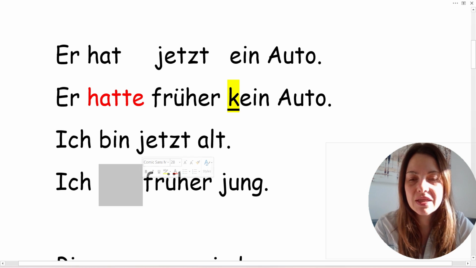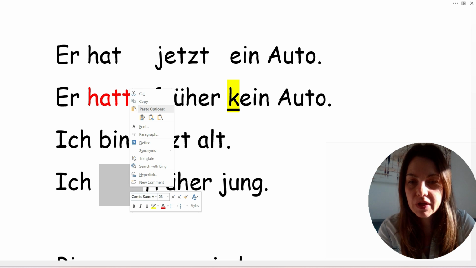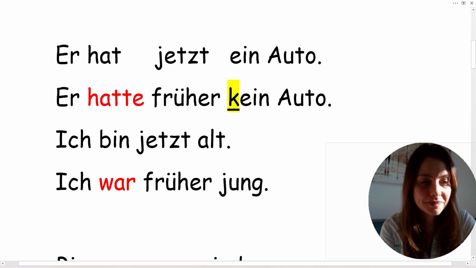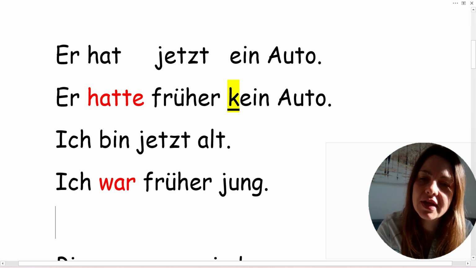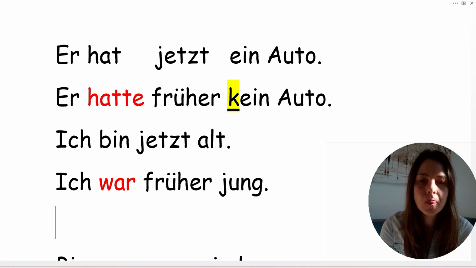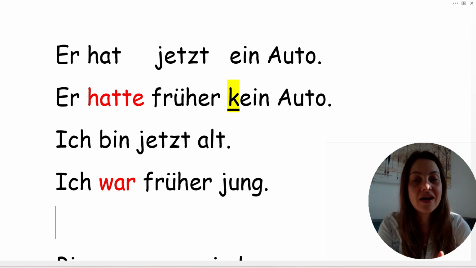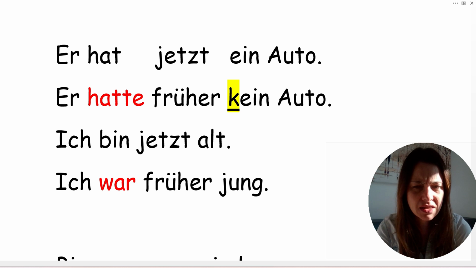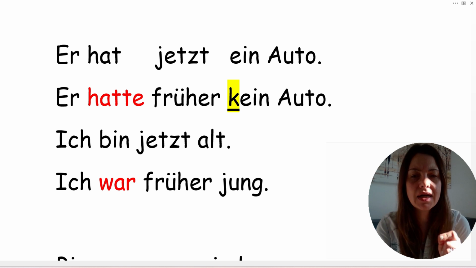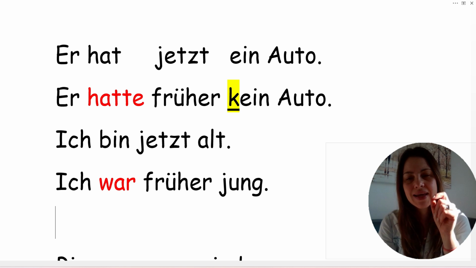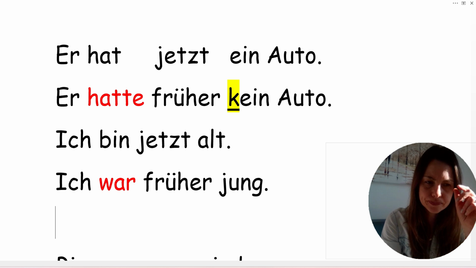And we need the past tense of the verb to be in German, and that's ich war. It's like I was, similar to English this time. I was young before. Ich war früher jung. Aber jetzt, now, jetzt bin ich alt. Ich bin jetzt alt. Ich war früher jung. Hat jetzt ein Auto. Hatte früher kein Auto.